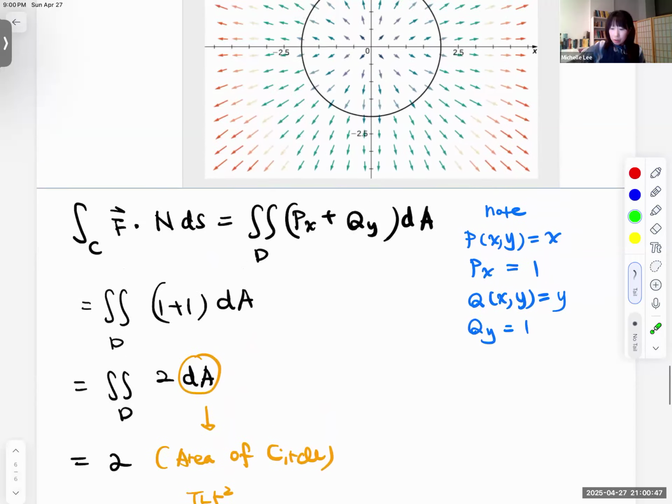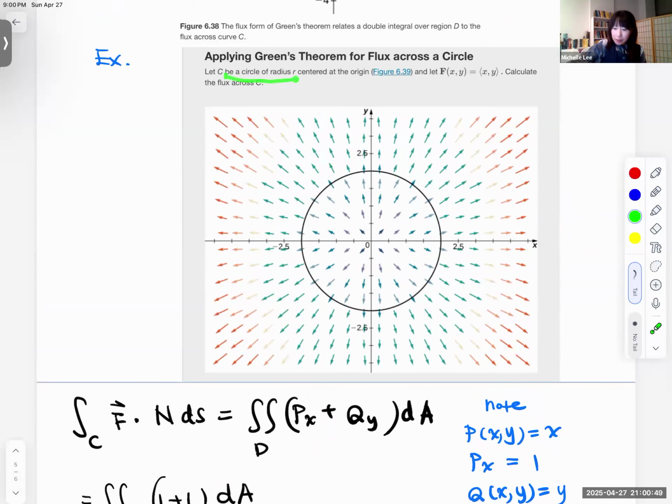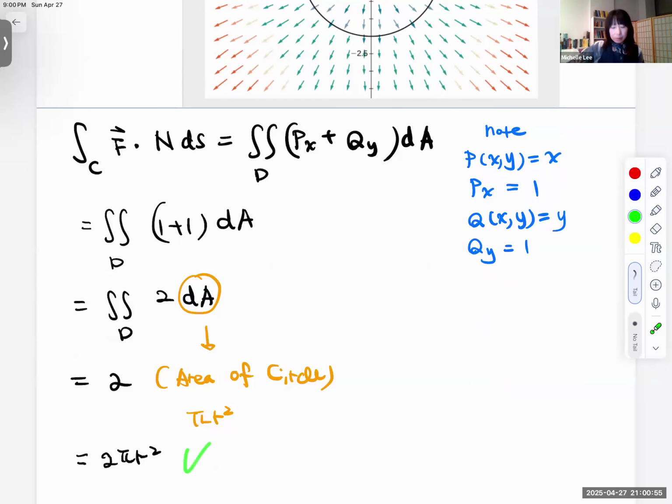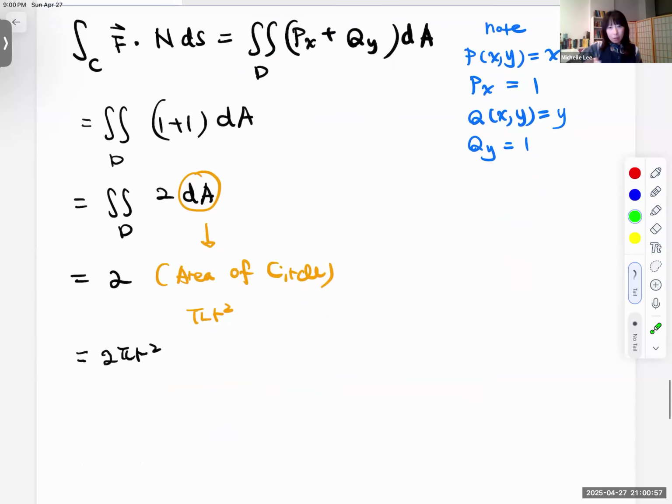But in general, they don't give us the equation or r, so we can just leave it as a general answer. Let me write down, if r equals 2, then the answer we get is 2 pi times 2 squared, which is 8 pi.